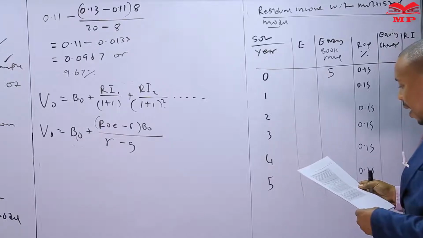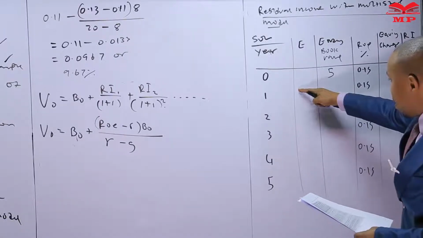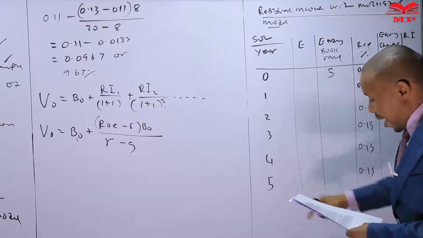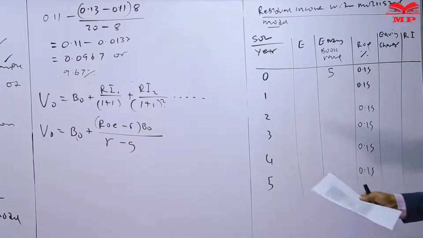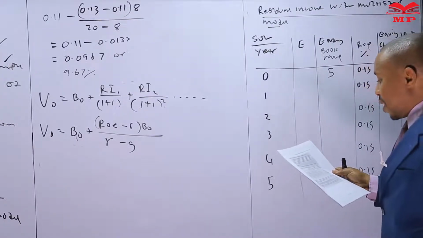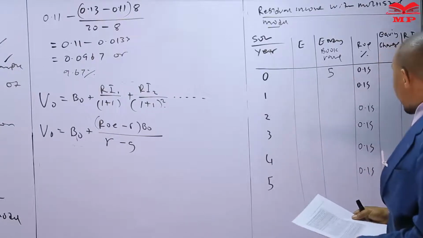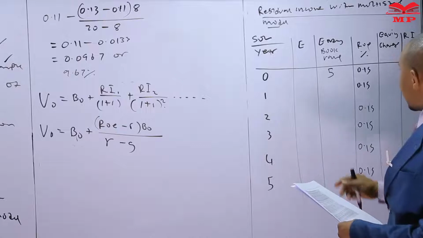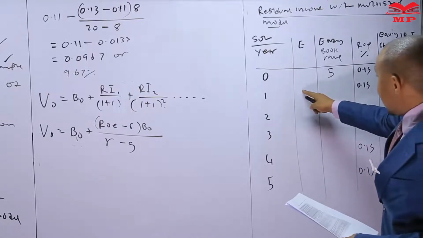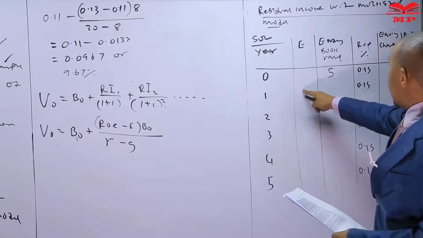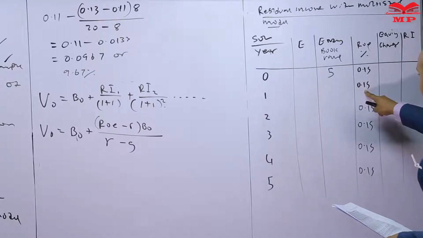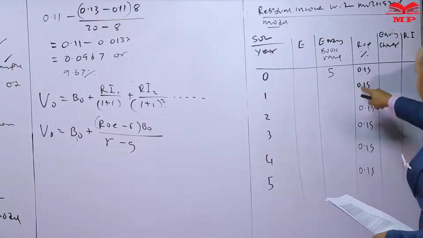Then the forecasted earnings in years 1 through to 5 are equal to the ROE times the beginning book value. So to get the forecasted earnings here, we will multiply this component for year 1, 0.15 times 5.